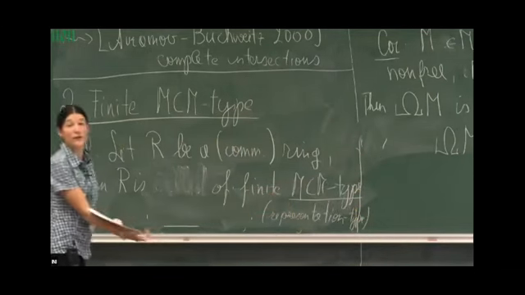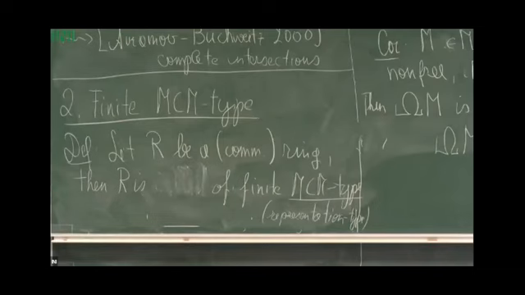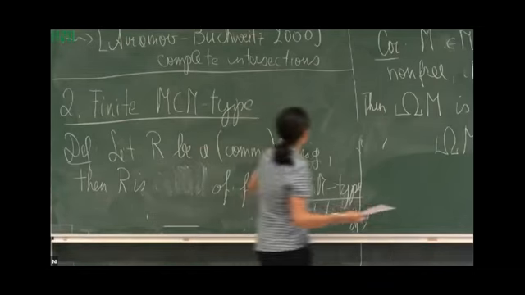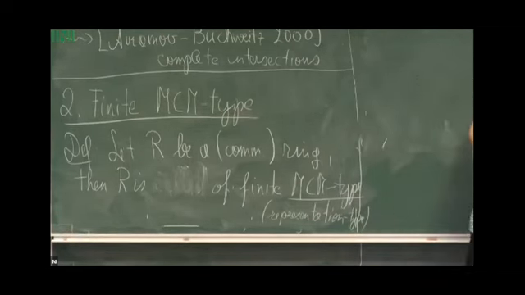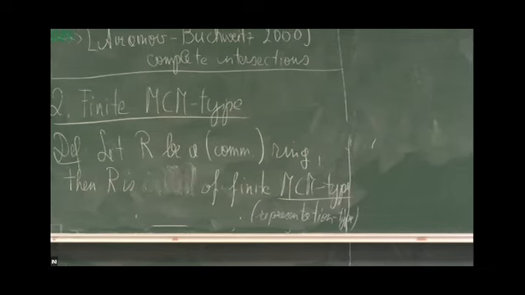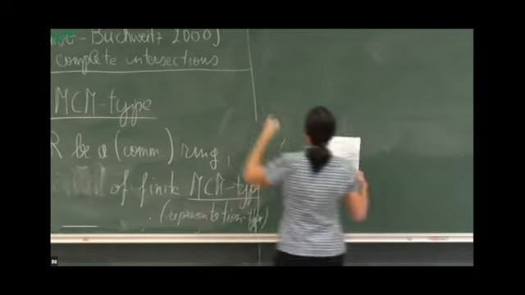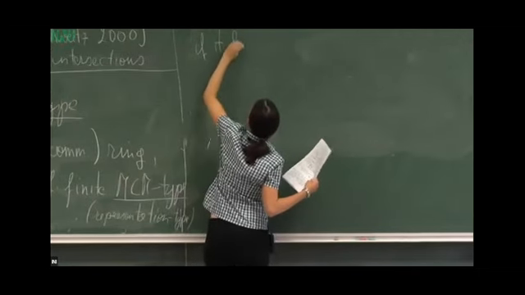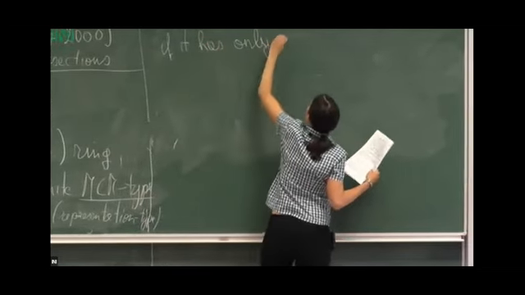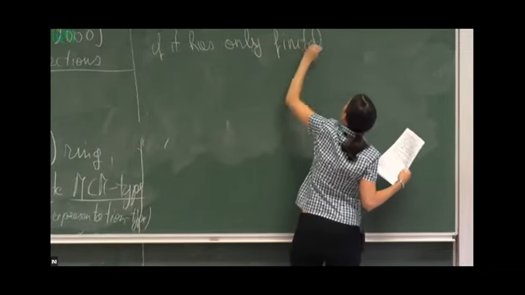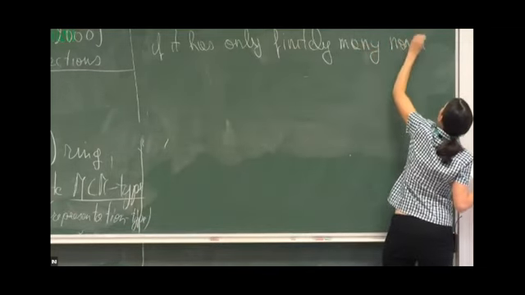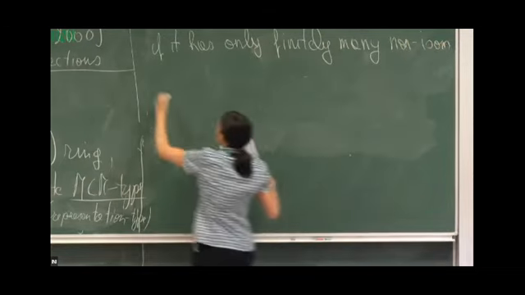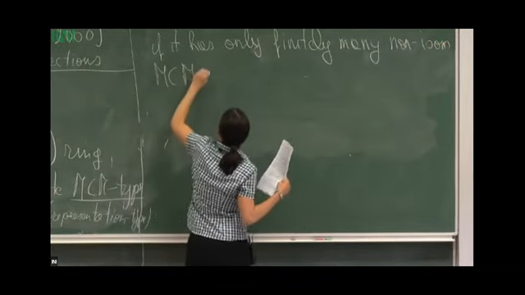Well, if we only have finitely many non-isomorphic maximal Cohen-Macaulay modules, so it has only finitely many non-isomorphic maximal Cohen-Macaulay modules.